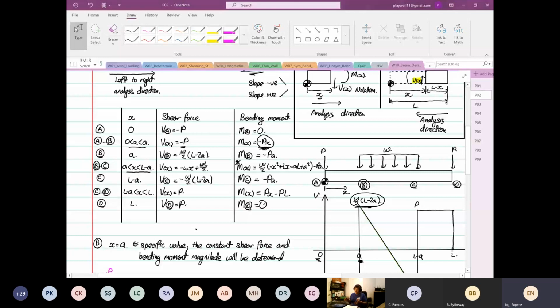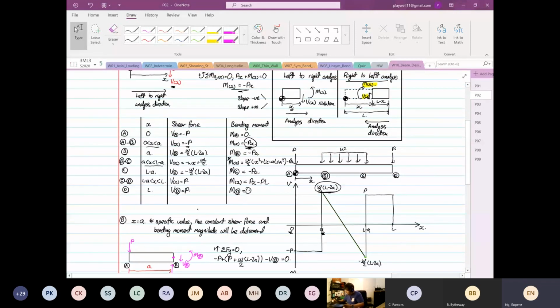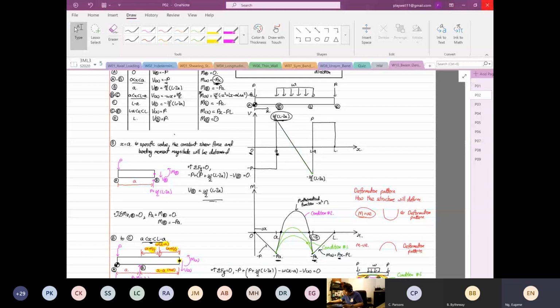With all these equations, you will know the trend of how P and omega will affect your bending moment, or how your structure will deform. Okay, now I want to go further. I'm going to talk more about your shear force and bending moment diagram.